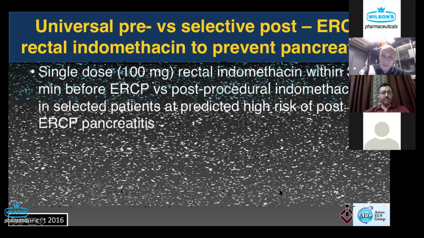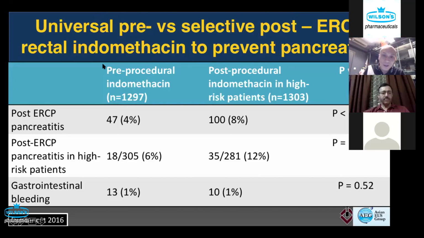In this study, they found that in patients given universal pre-procedure indomethacin, 1,300 patients, post-ERCP pancreatitis was reduced even more, to around 4% from 8%.